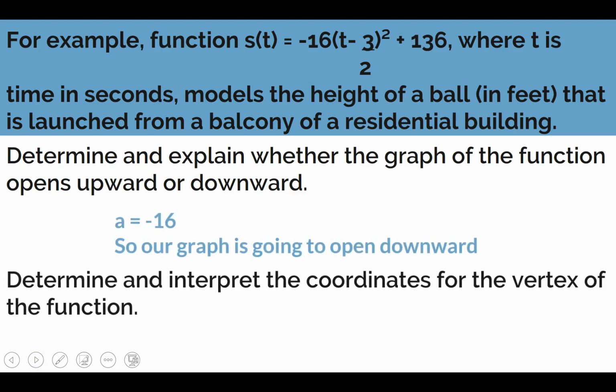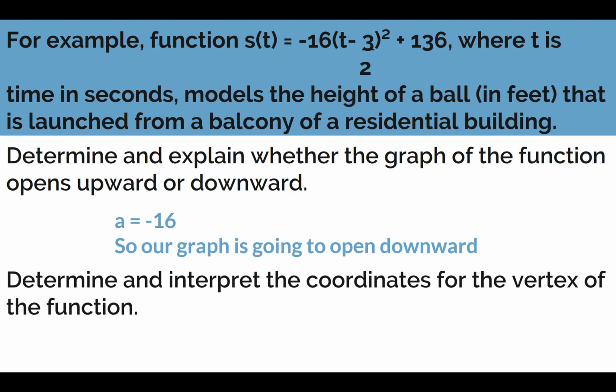We have a negative 16, so the negative tells me it's going to open downward. Doesn't that make sense? If I put a picture in my head, here's a building, we're throwing a ball off of it and it's falling down, wouldn't it make sense that it's an upside down parabola? Make sure these make sense.